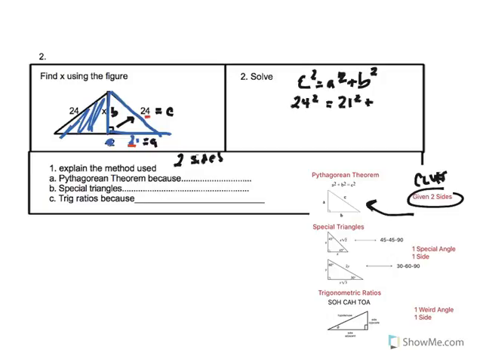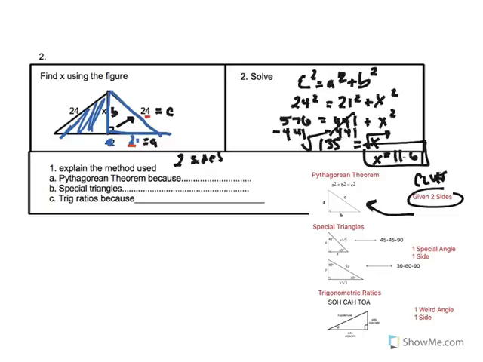So we have to find C first. C is across from the right angle. And we get A here and B here. 24 squared equals 576. 21 squared equals 441 plus x squared.